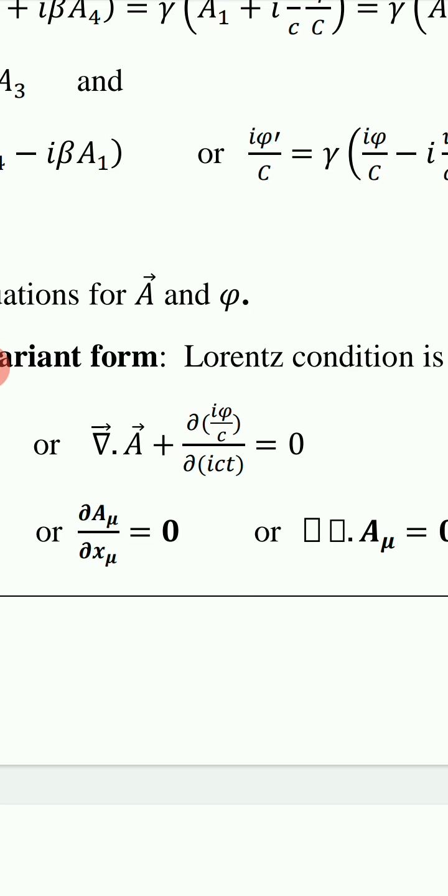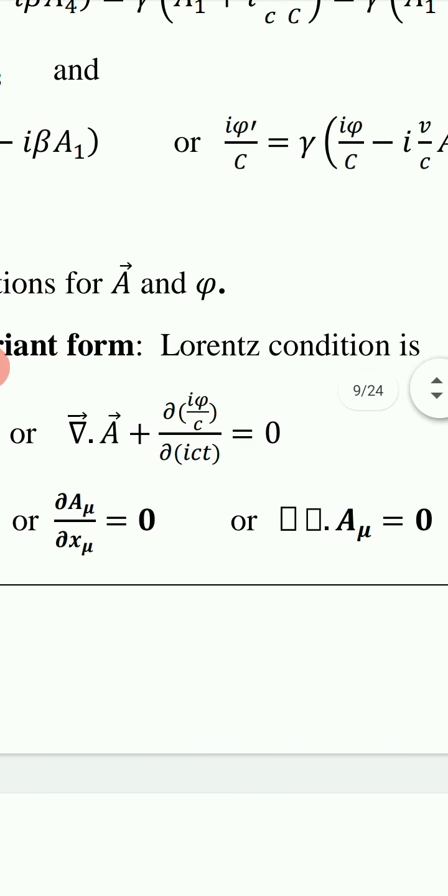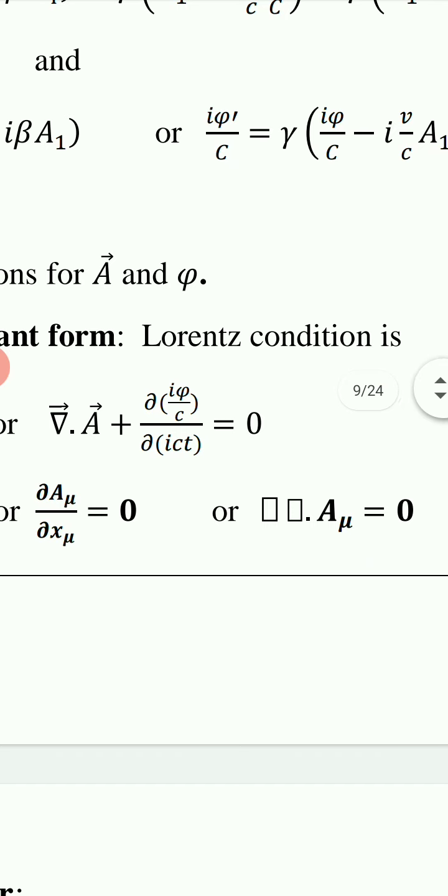Here del in square form is a 4-dimensional differential operator. So this is the covariant form of the Lorentz condition: delta A mu upon delta x mu equal to 0, or del dot A mu equal to 0.